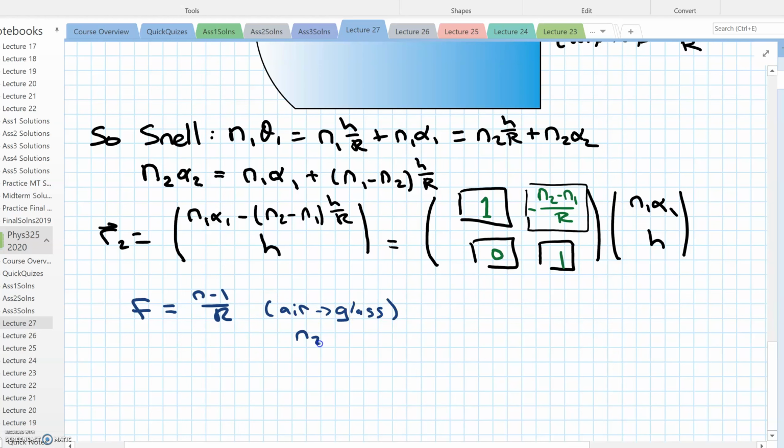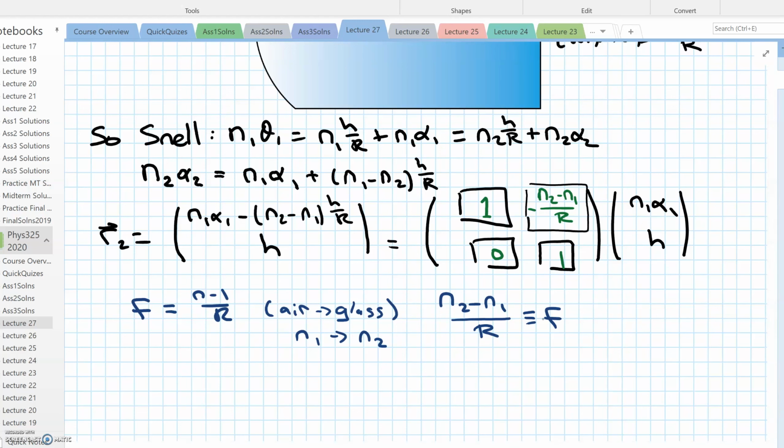If we want to go from n1 to n2, this is generalized as n2 minus n1 over r, and that is our focal length for a spherical surface. That's where all the rays converge to, or from.